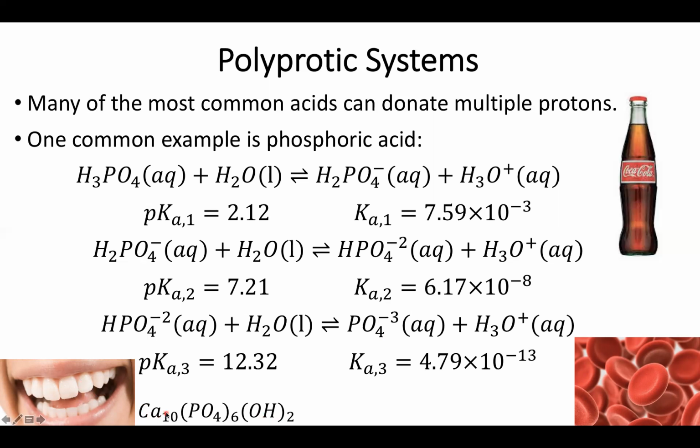And hydroxyapatite is the major feature of tooth enamel. So if you ever wondered why the doctor tells you not to drink soda or carbonated beverages, one of the reasons is these carbonated beverages will end up adding acid. This acid can react with the phosphate in your teeth to make monohydrogen phosphate, which dissolves the phosphate in the apatite.